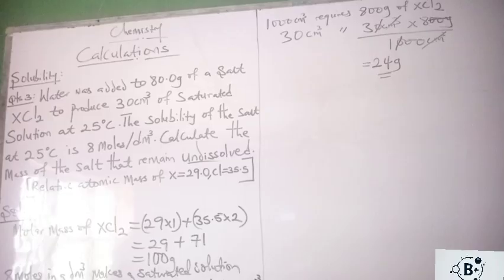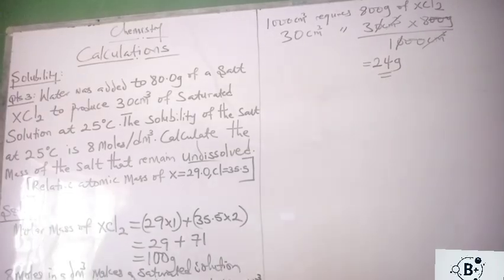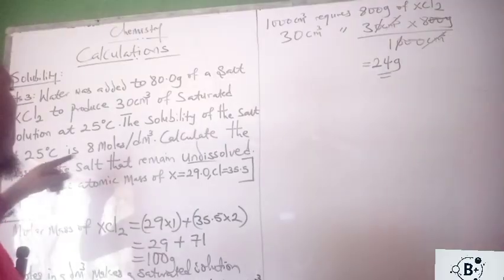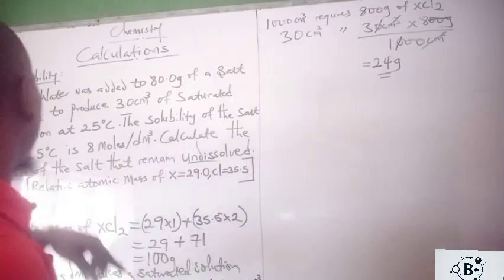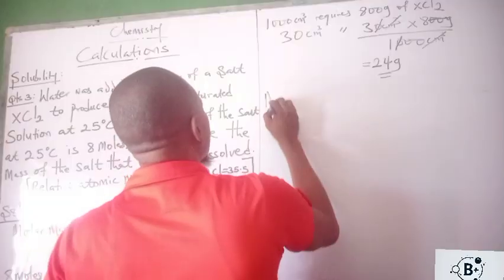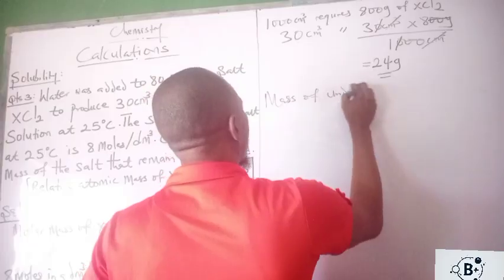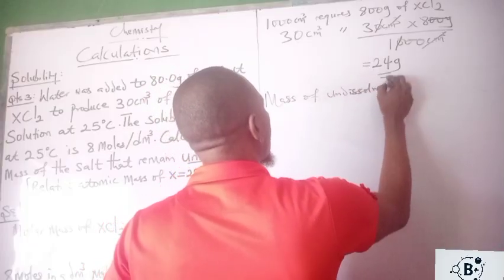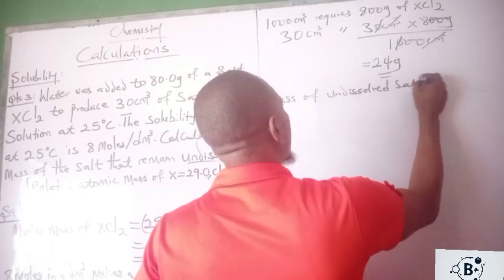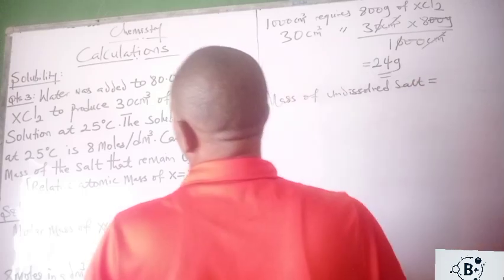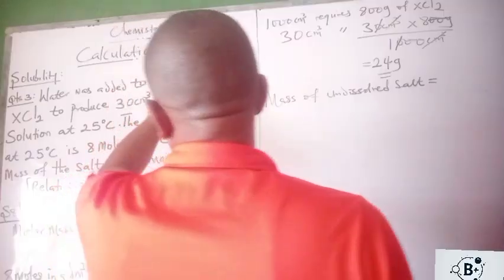Now if that is 30 cm³, the undissolved salt, which is what we have to calculate, the mass of undissolved salt is equal to, water was added to 80 grams of the salt.